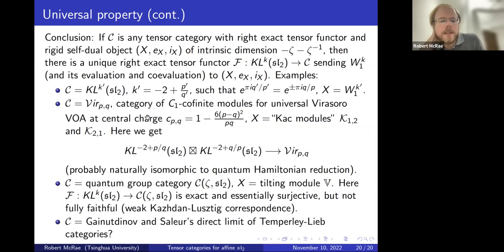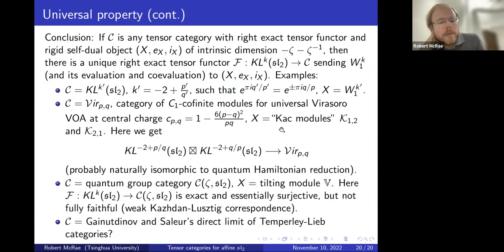Another example, again, as I mentioned before, we can take this category of modules for the universal Virasoro. Maybe I should mention, in this case, the X objects are these modules that some of the mathematical physicists call Kac modules.